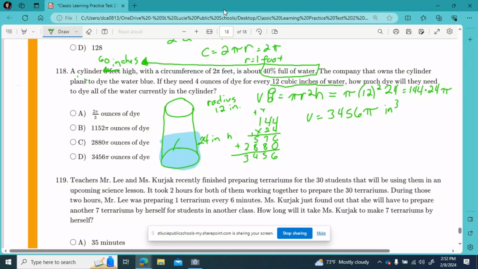So we want to multiply our answer times 4/12. Well, 4 and 12 can both be divided by 4, and 4 divided by 4 is 1, and 12 divided by 4 is 3. So we're multiplying by a third, which is the same as dividing by 3. And I know that 3,000 something divided by 3 is going to be 1,000 something. So this is the only one that's 1,000 something. So I've got my answer.